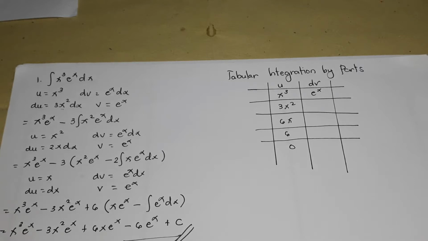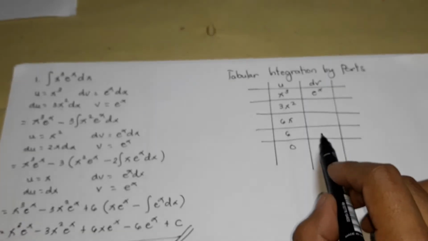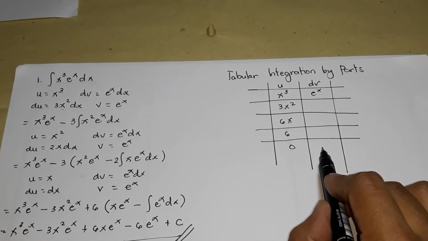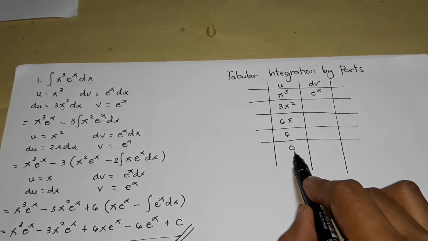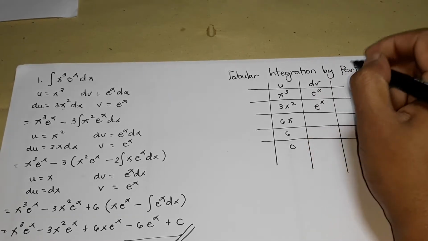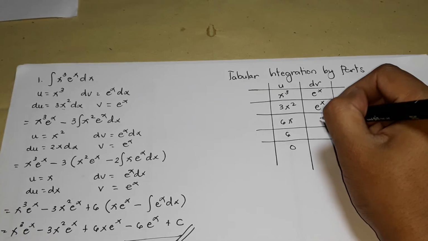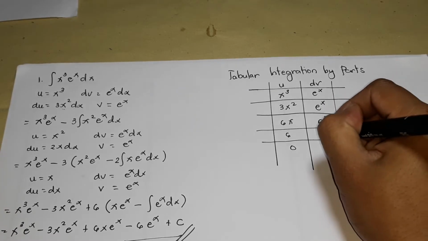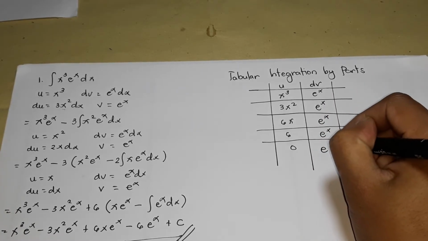For the dv part, you keep on integrating until you reach the row where the derivative of u is equal to 0. So the integral of e to the x is simply e to the x. Then the integral of e to the x is e to the x. Nothing happens.